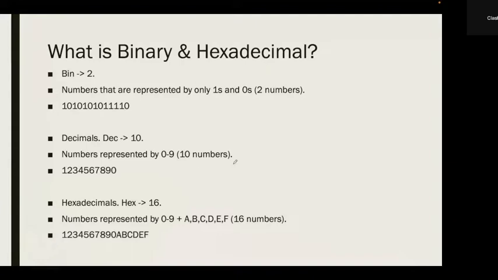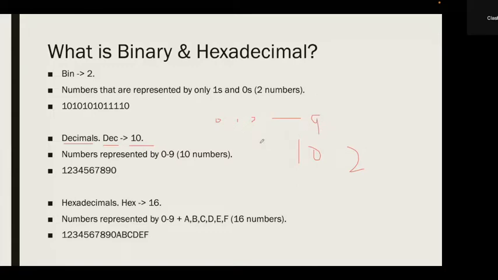So the numbers we use in our everyday lives are called decimals, right? So 102, these kinds of numbers, are called decimals. And the reason they are called decimals is because they are represented by 10 different types of numbers. So dec means 10, and they are represented by 10 different numbers, which are 0, 1, 2, all the way to 9.